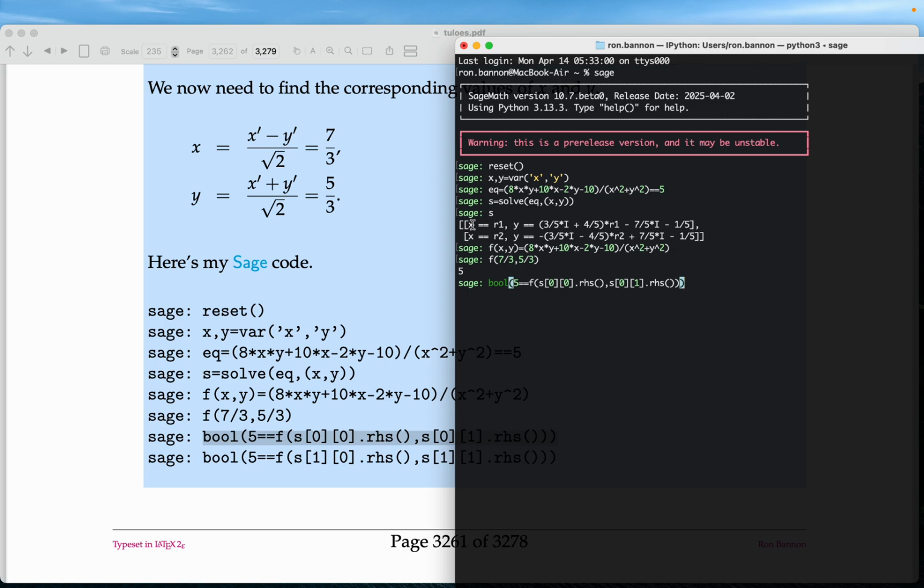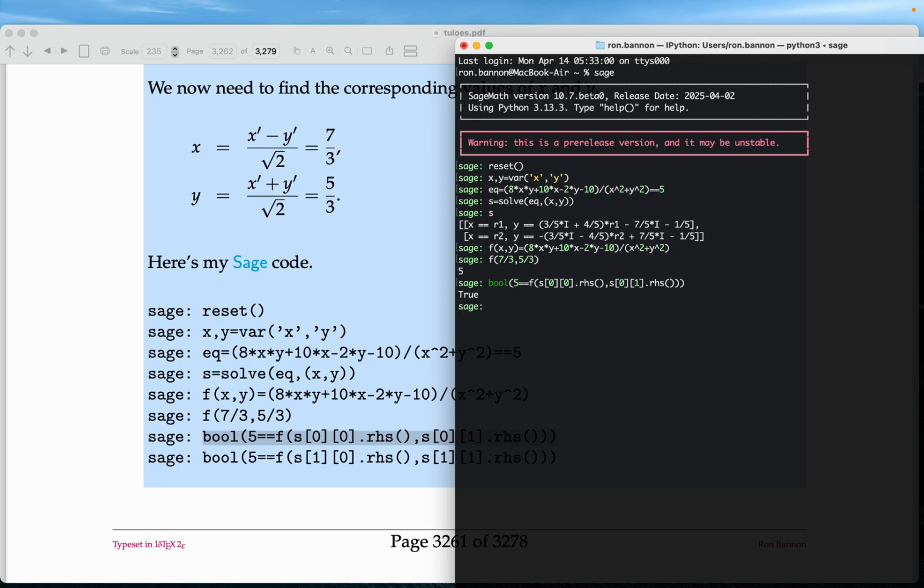Now what do I want? I want the first element of S0, but oops, sorry, I want the right-hand side of it. And then I want the right-hand side of the second one. So that's going to be S0[1], right-hand side. And this should be true.